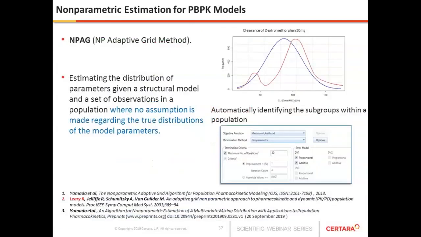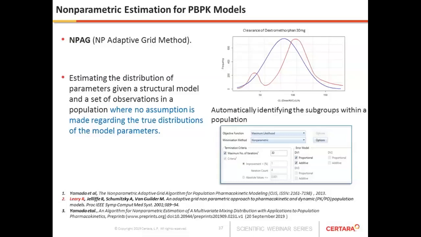And then the second population fitting method we introduced in version 19 is a non-parametric method based on the NPAG, or non-parametric adaptive grid, method, again proposed by Bob Leary and others, as you see in this publication. So non-parametric methods are quite useful when you have, for example, data coming from populations with subgroups.